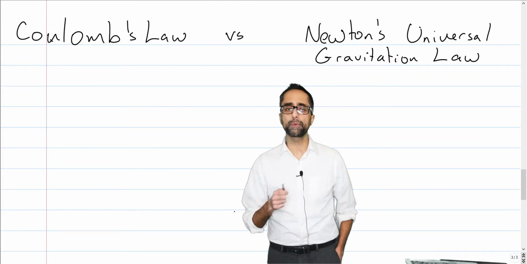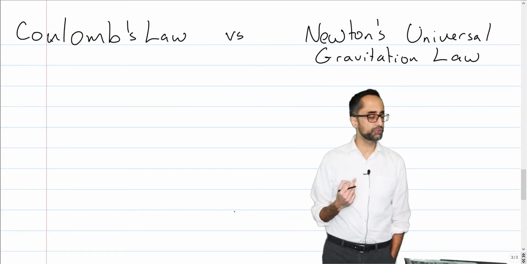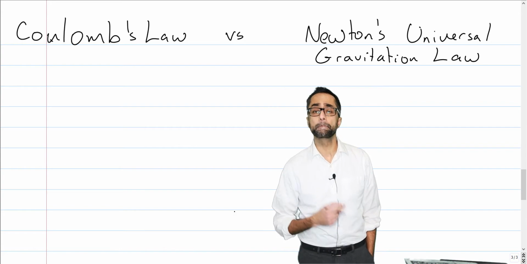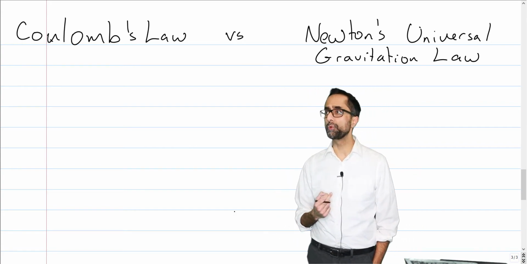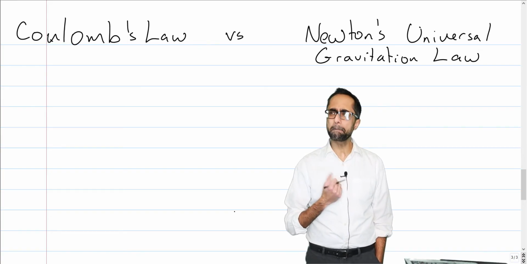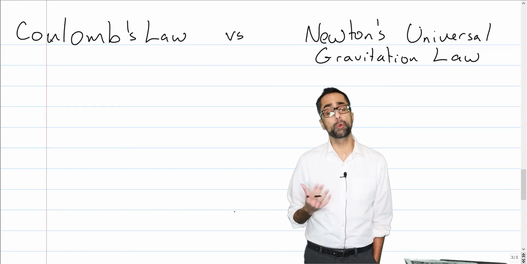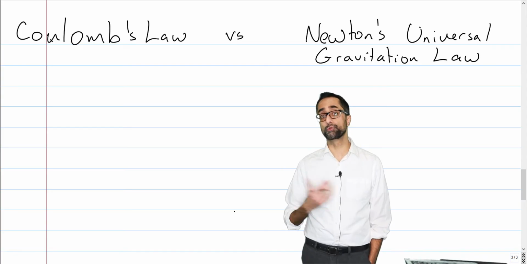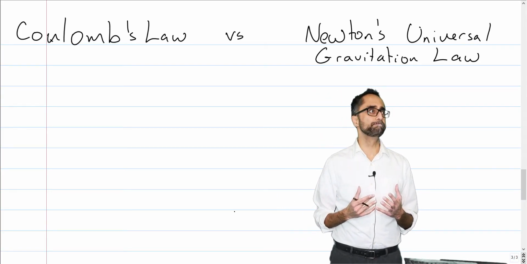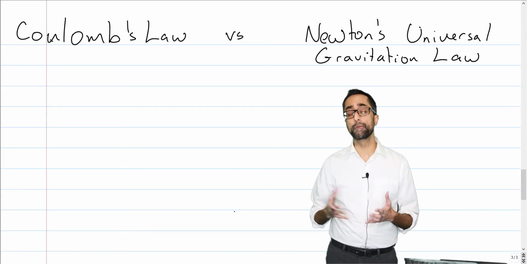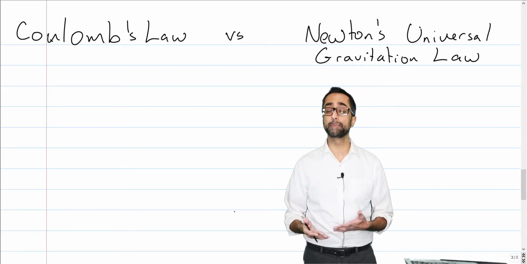All right, so now what we want to do is try to understand Coulomb's law a little bit better. And the way we're going to do that is to compare it to something that we know much better and certainly more instinctively, and that is gravity. We're not going to talk about the simplification of the force of gravity on Earth, F equals mg.